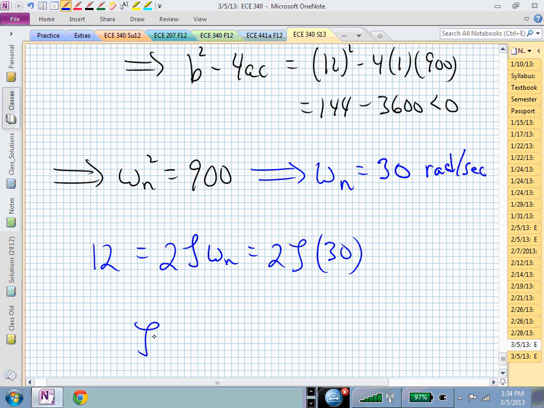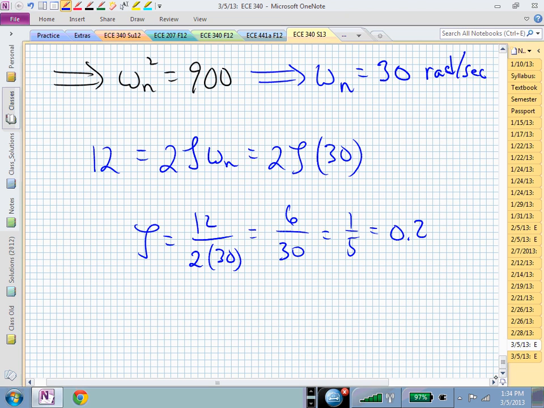We can now say that zeta is 12 divided by 2 times 30, or 6 over 30, or 1/5, or 0.2.